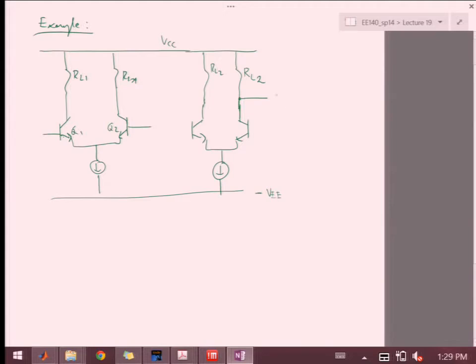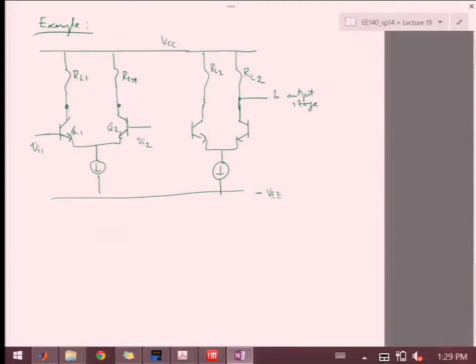So this is going to go to the output stage. And then what we have is these two we're going to take differentially and plug in. So this is like VI1, VI2.